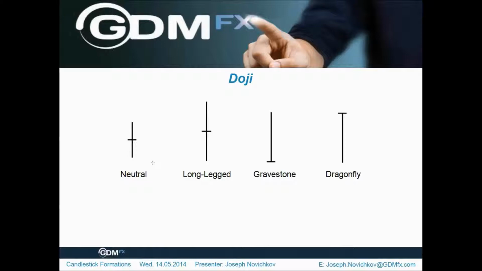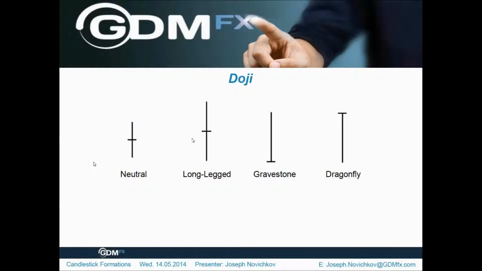One of them, which we mostly see on the chart, is the neutral one. We have no real body because the opening and the closing price are at one and the same level. Then we have a small shadow below the opening and the closing of the price, and an upper shadow of pretty much the same size as the lower one above the opening and the closing of the price.